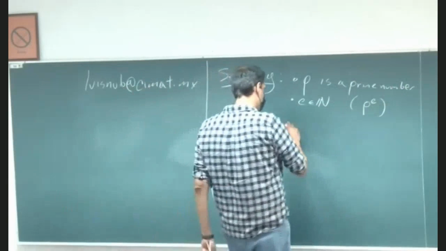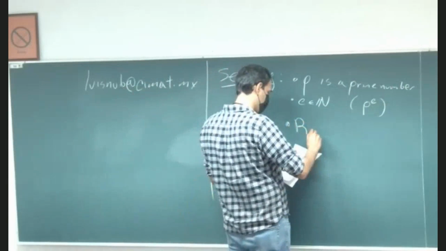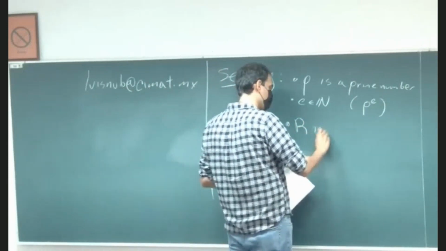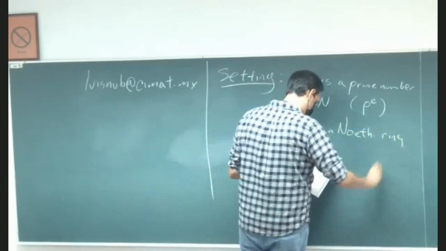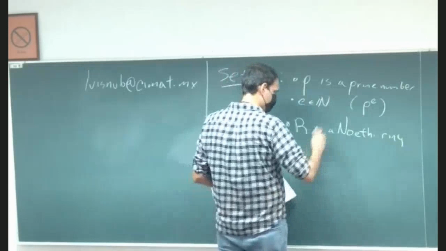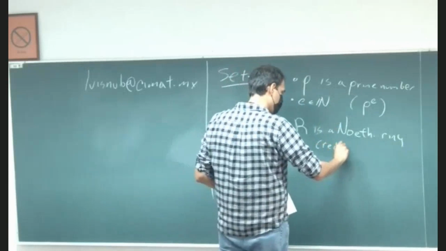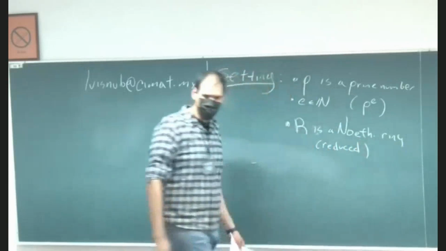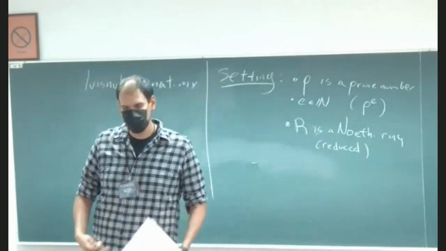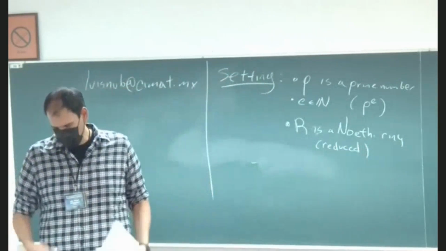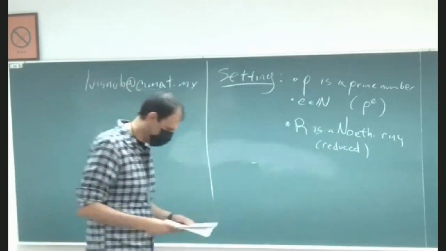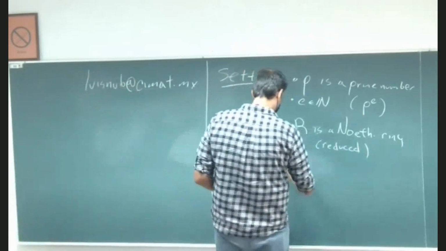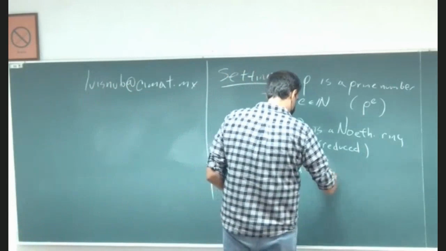And R is going to be always a Noetherian ring. I'm going to assume reduced. Not everything that I'm going to do needs it, it's especially for reduced rings, but this simplifies life a little bit. And d is always going to be the dimension of R.